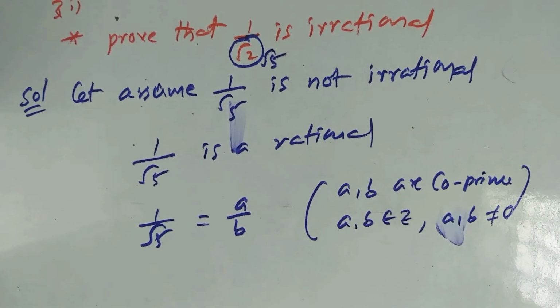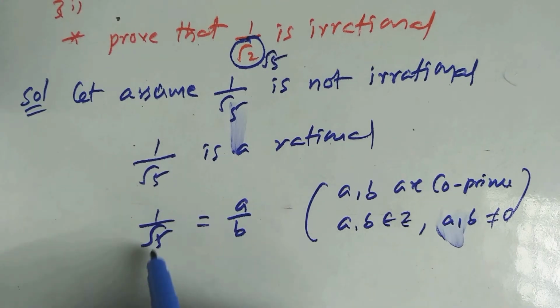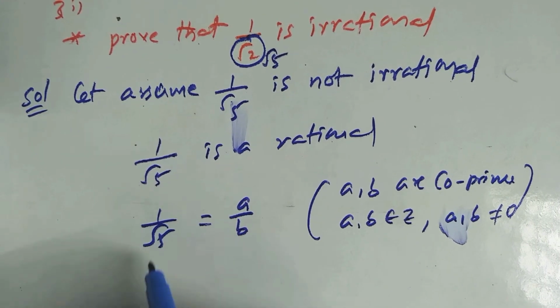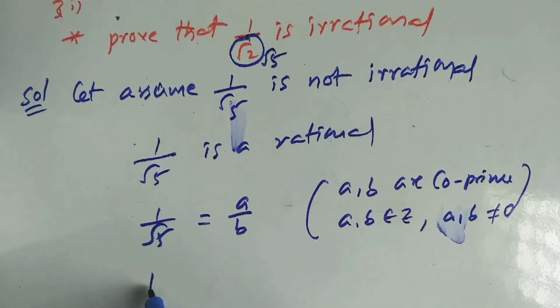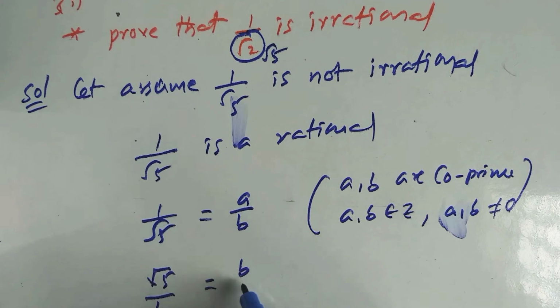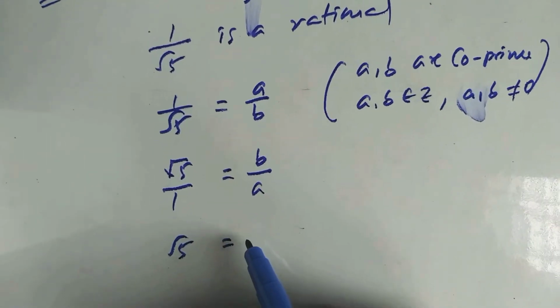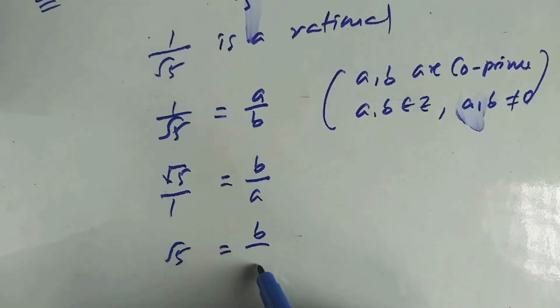Now in this situation, I am taking the reciprocal: 1 by root 5 becomes root 5 by 1, and the right-hand side becomes b by a. Root 5 by 1 is nothing but root 5, so root 5 is equal to b by a.